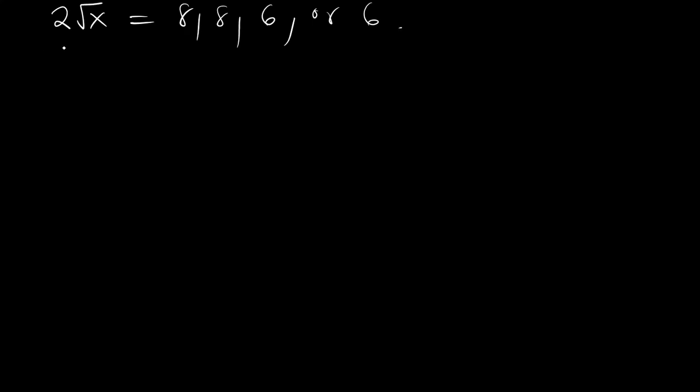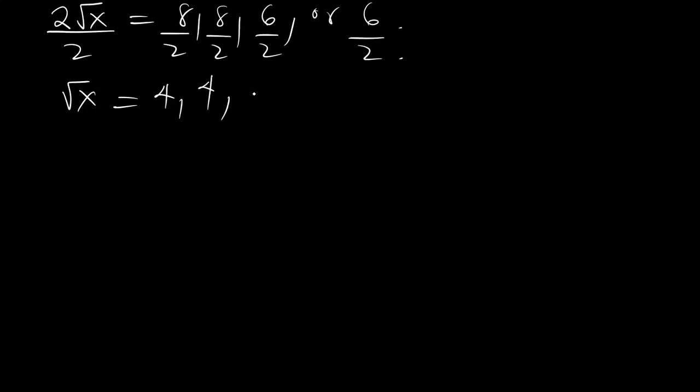So now you divide all through by 2. So we have root x is equal to 4 or 3. So now if you square both sides, you have x equal to 16 or 9.